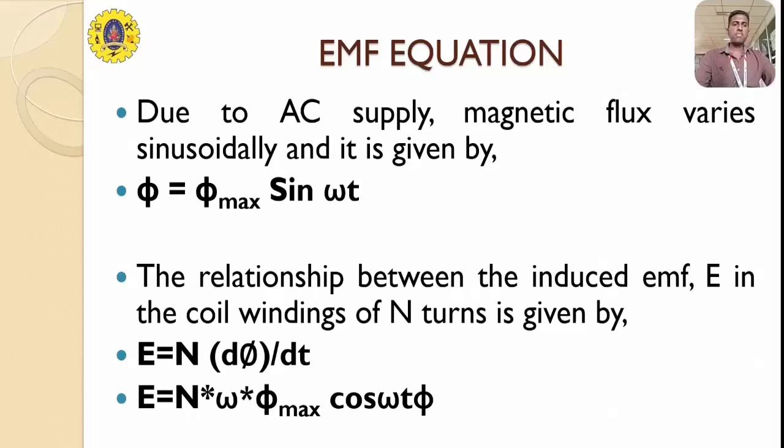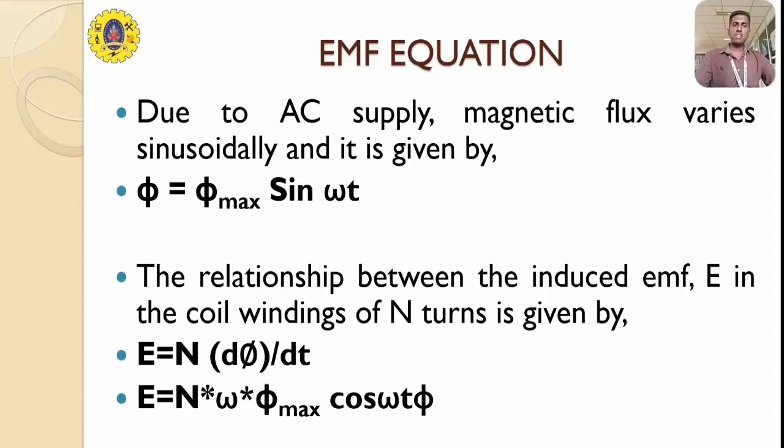Since we are providing an AC power supply, the magnetic flux varies sinusoidally, right? So we can represent the magnetic flux as φ = φmax sin ωt. Now substitute this in the EMF equation of a transformer.